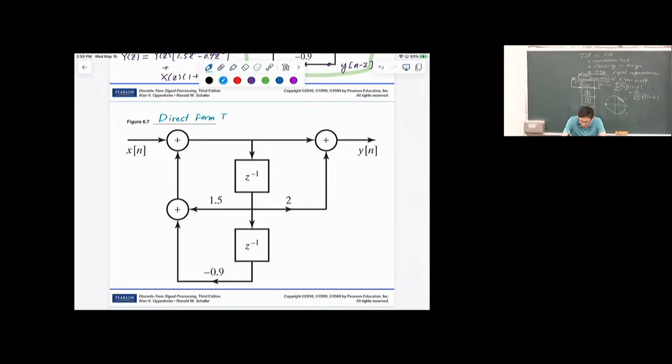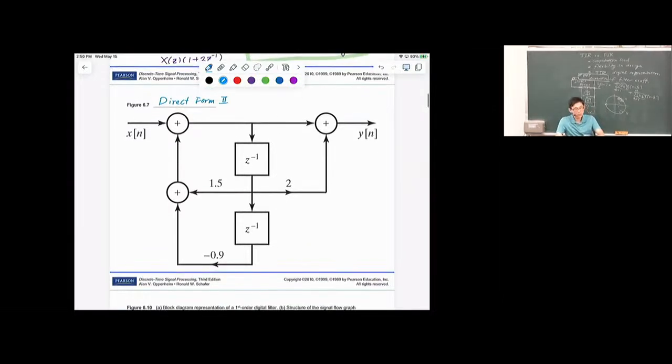It turns out that we are still talking about the same filter, same transfer function, same system function, same H of z. But the implementation structure, the filter structure, looks different. They look different, but it's still the same transfer function.